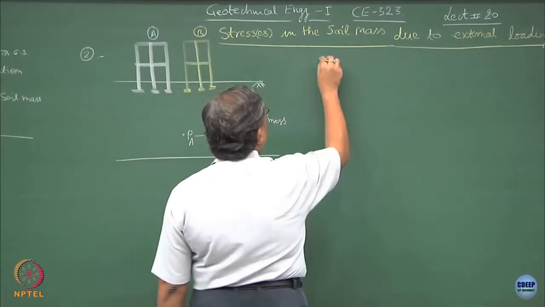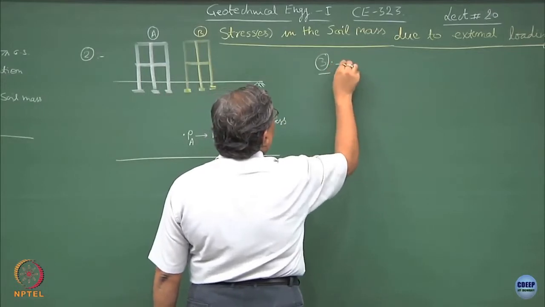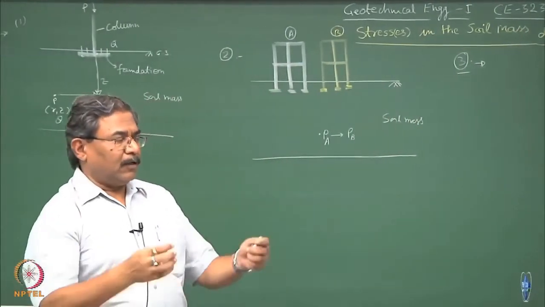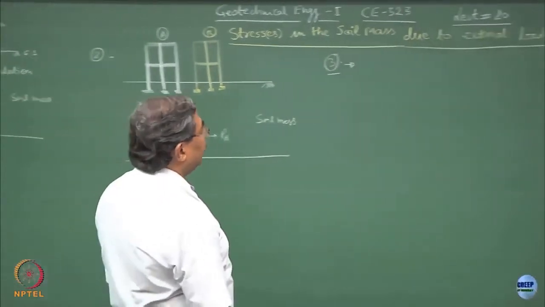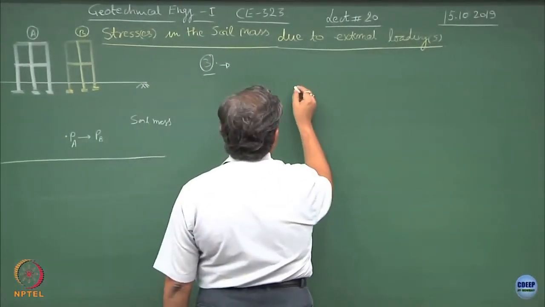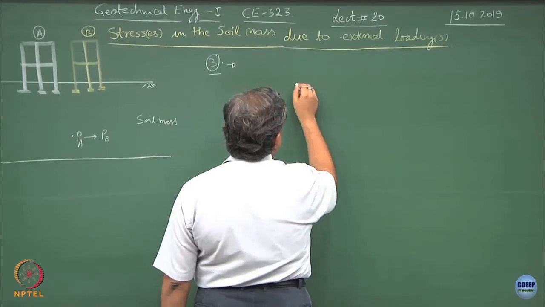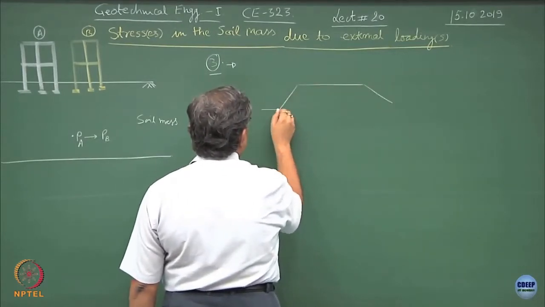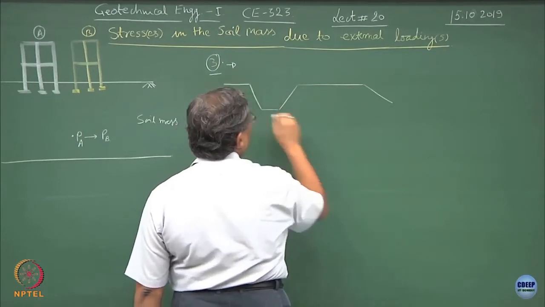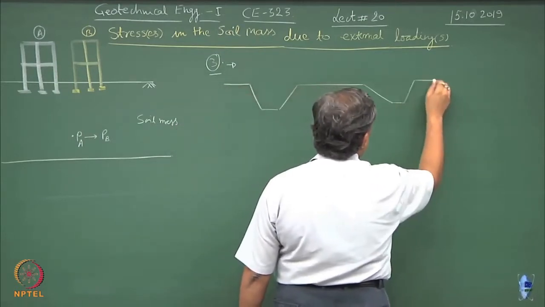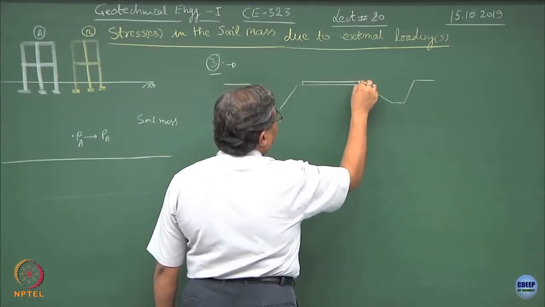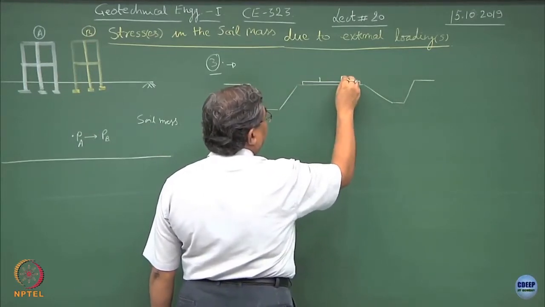There could be a situation number 3 where, I am sure, when you travel along the highways or the railways, what you observe are the pipelines which are carrying water. So, suppose this is the embankment of the railways. So, this is, let us say, the embankment on which the train is moving.